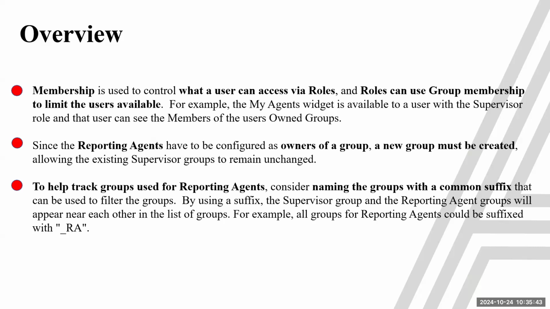Now, what we will need to do in order to allow that agent to access other users' information is to assign one new role, that is reporting supervisor. That role is a role that we never assigned before, and that we'll need to assign from now on to any agent that we want to allow to see other users' information.